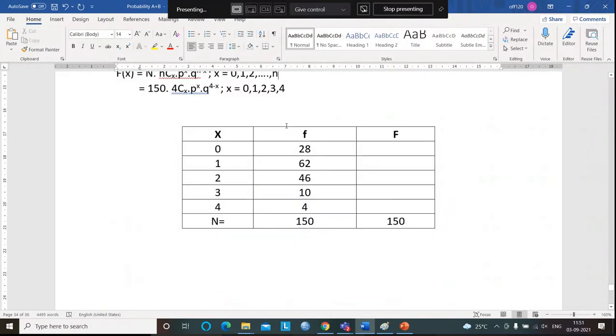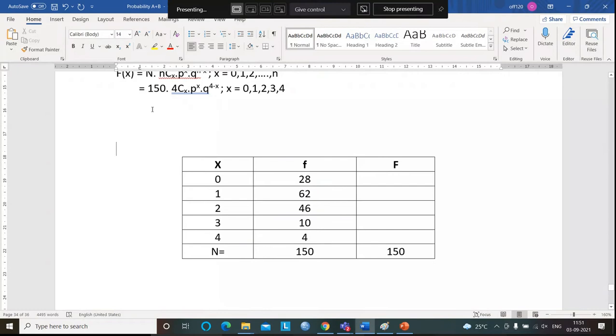Now see here, in binomial distribution, what is the formula of mean? Mean is equal to small n into p. That means here, what is the value of n that is given? n is nothing but 4, and p.